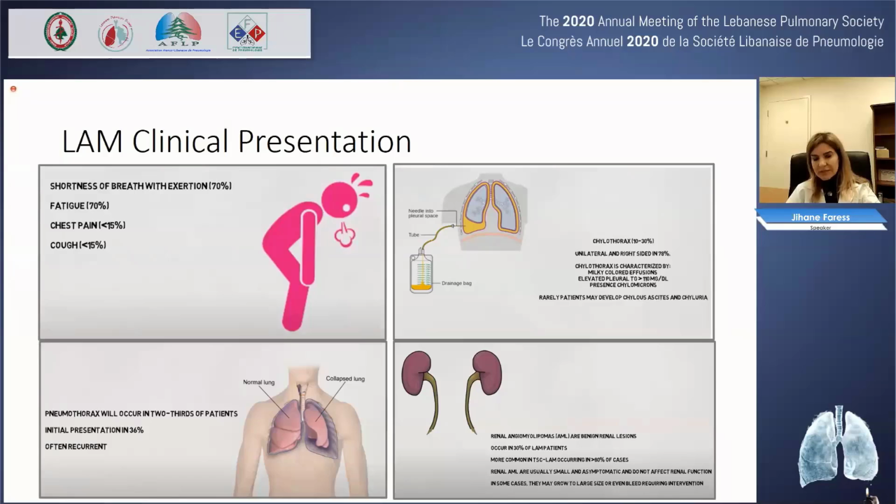In terms of outside the lung, about 30% of patients with sporadic LAM and maybe about 80% or more of patients with TSC LAM will develop angiomyolipoma, angio for vessel, myo for muscle, and lipoma for fat. And these are benign kidney tumors.